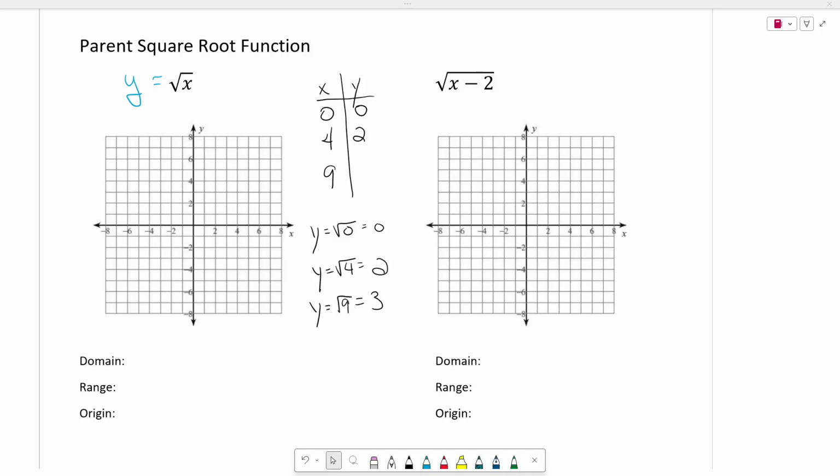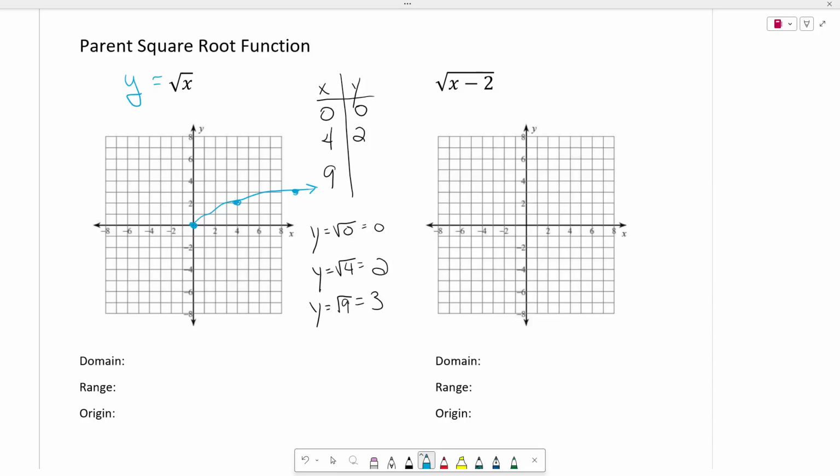Now that I have these points, I can graph them. So (0, 0), then (4, 2), and then (9, 3) would be about right here. So my graph looks like this, going up and it keeps going.